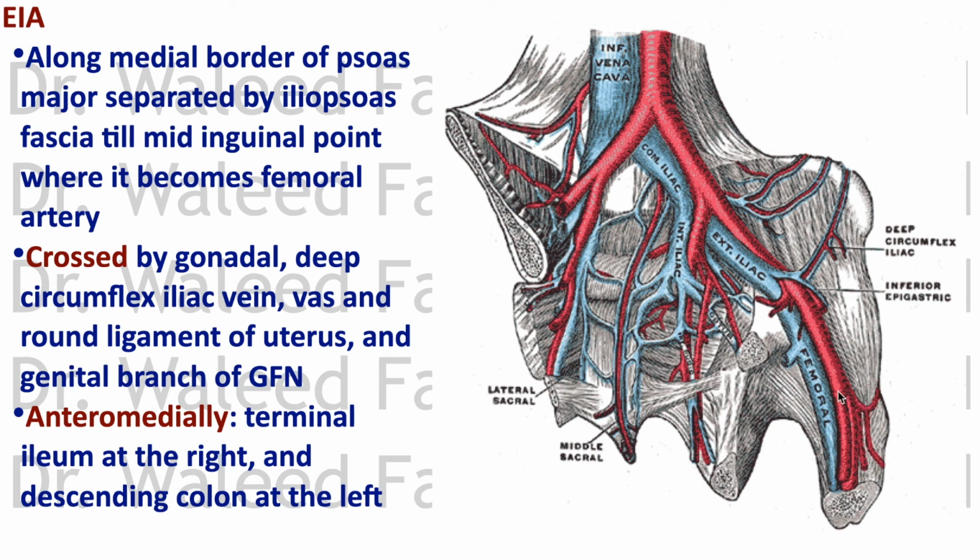It is crossed by the gonadal vessels and the deep circumflex iliac vein, as you can see here, the vas and round ligament of the uterus, and the genital branch of the genitofemoral nerve. Anteromedially are the terminal ileum on the right and the descending colon on the left. I'm sorry about the relations, but this is something you must study with structures like vessels, for example.